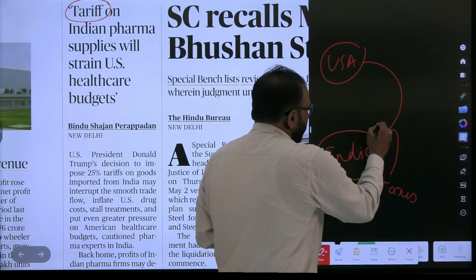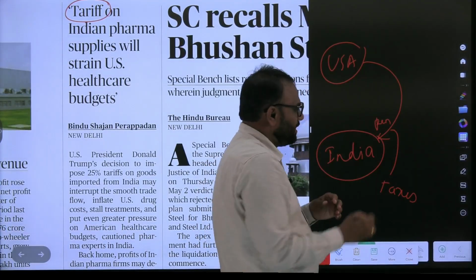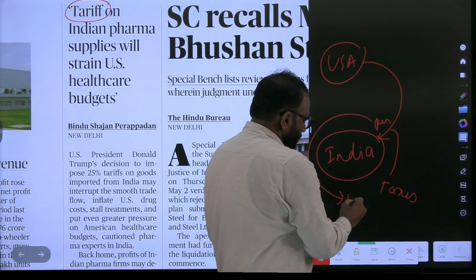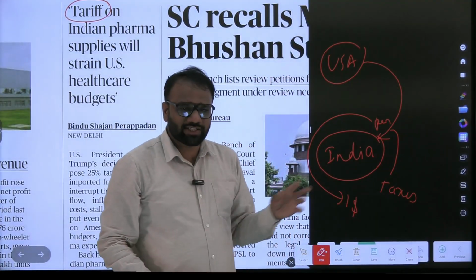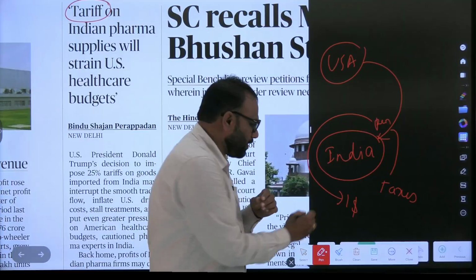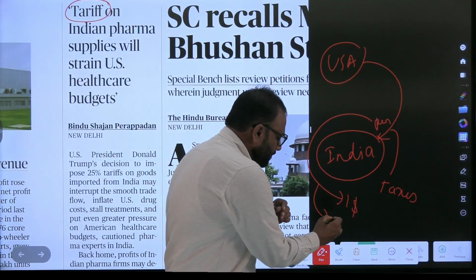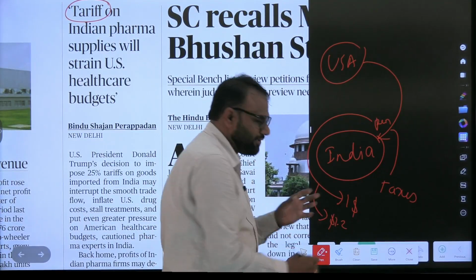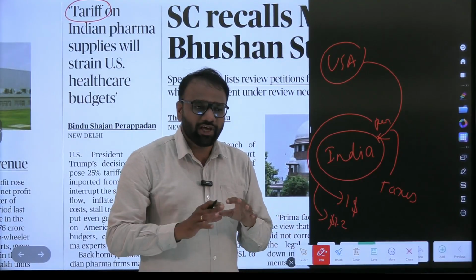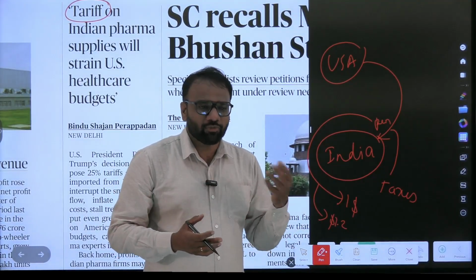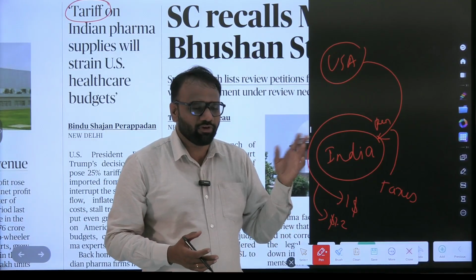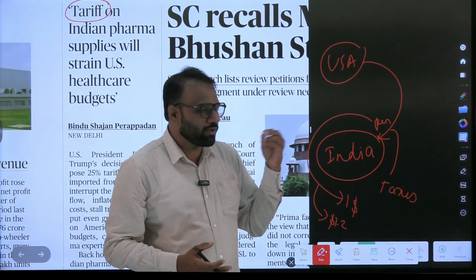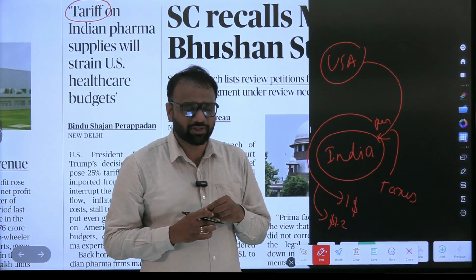Let's assume a pen is imported from USA, a pen costs $1, so some extra taxes will be imposed, and the cost of the pen in India will become $1.2. It will be converted in terms of rupees. So we impose taxes when a product is imported from another country.